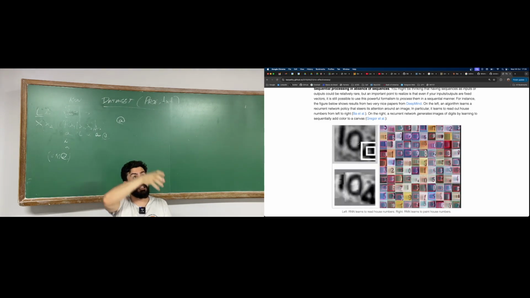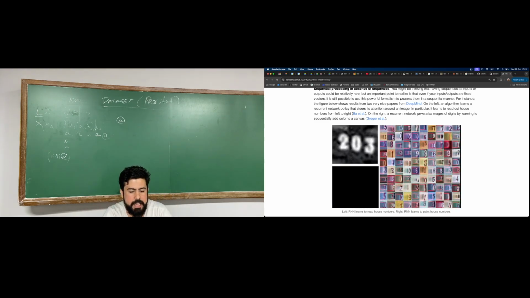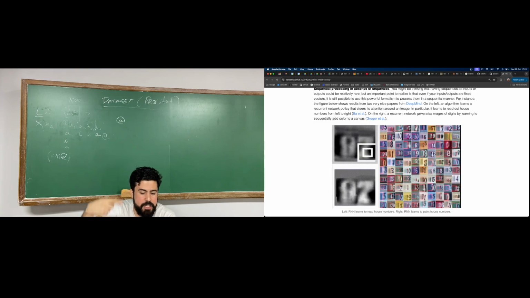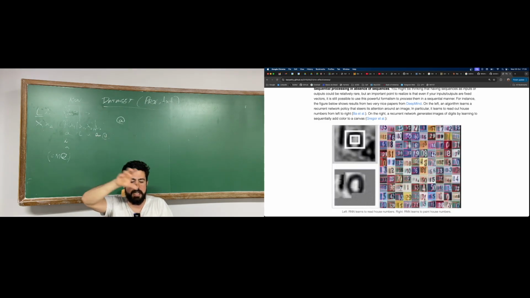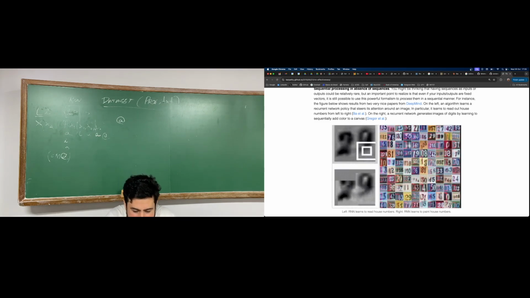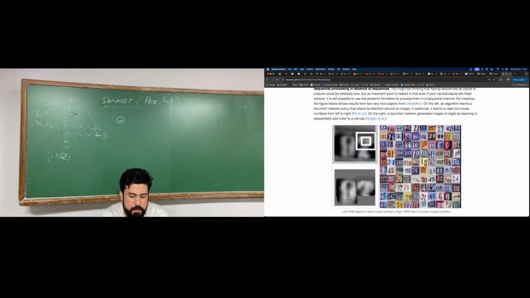So you're learning an image like this, and each patch is a token, right? You learn this distribution, and you can generate images sequentially. On the right, you see this RNN actually producing new images. This was trained on pictures of address numbers on houses.